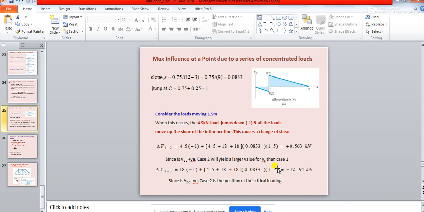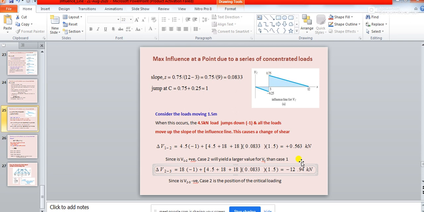Now if you simplify it, from case 2 to case 3, what are you getting? You observe that you are getting a negative value of the shear. That means the change in shear force when the load moves from position 2 to position 3 is becoming negative.